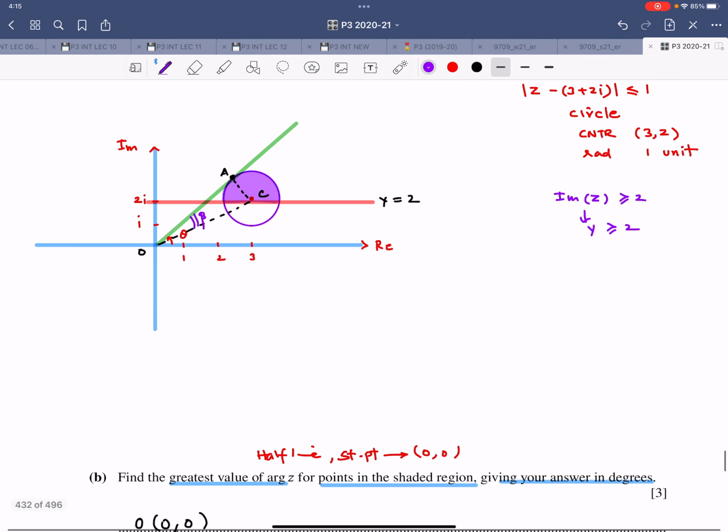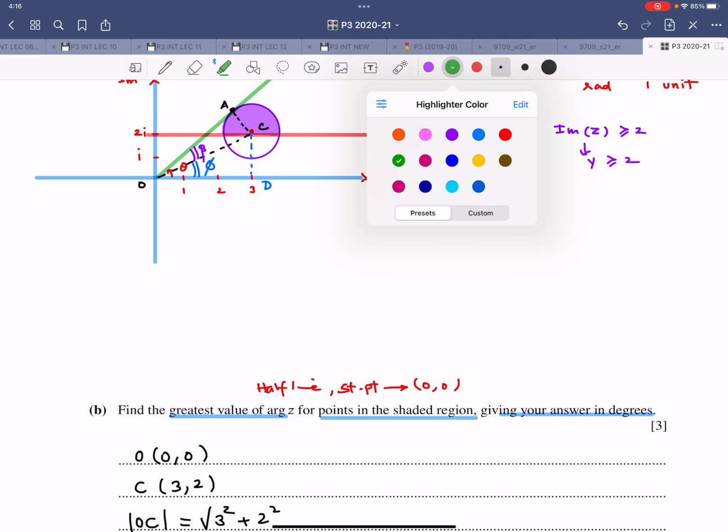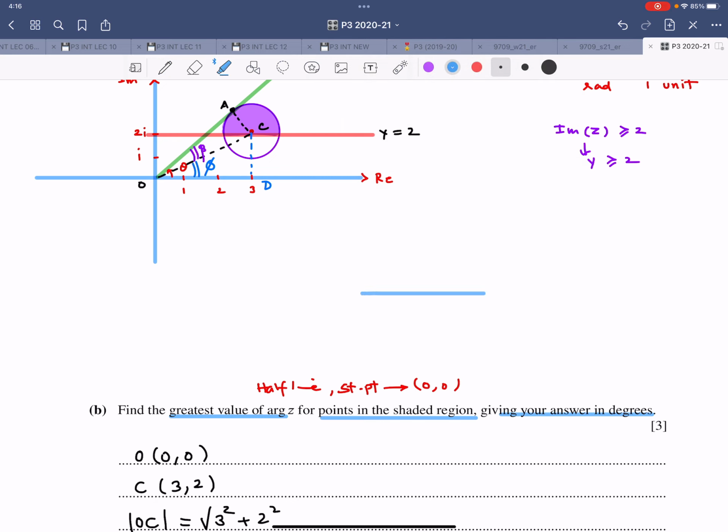This thing is done. Now can I find this angle? Theta is the whole thing, and let me mark this angle in blue and call it phi. How can I find phi? Draw another triangle. So this is OC and D. This is a line, then a line like this, and a line like this.